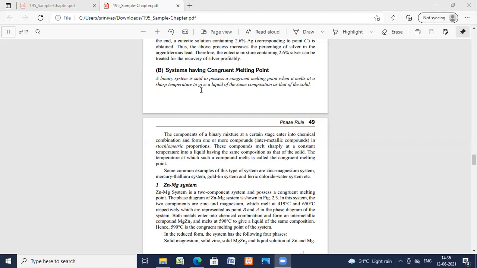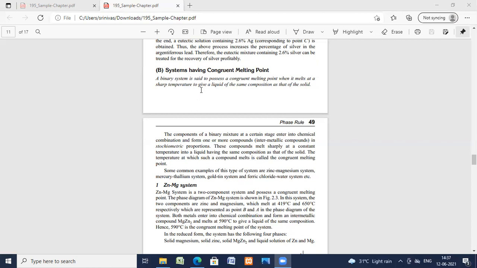I am repeating, the two component system combines to form a compound with a congruent melting point. The two components react and form a solid compound known as an intermetallic compound, and this is stable up to its melting point.